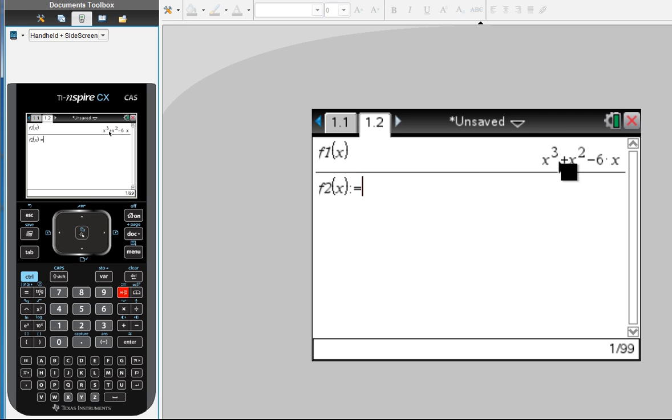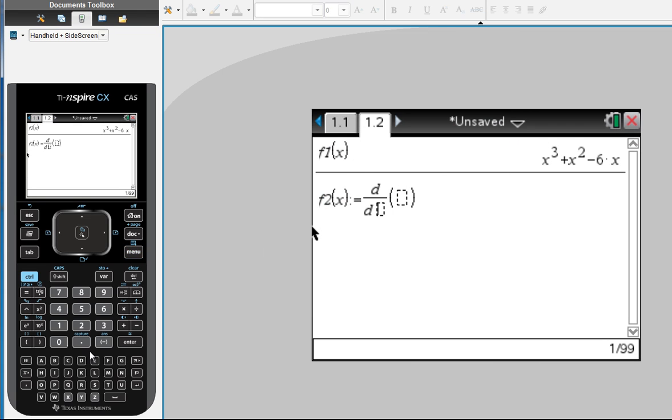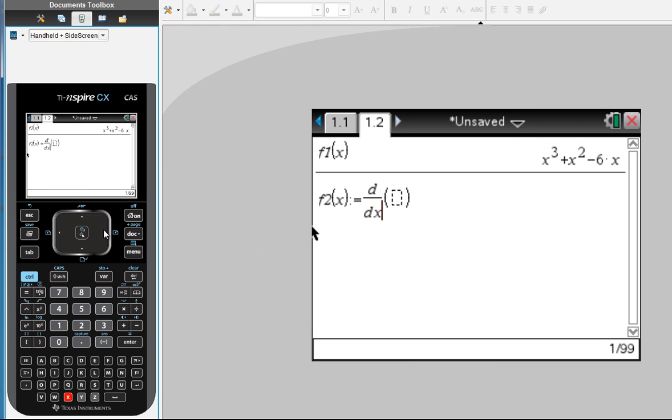And instead of figuring out the derivative manually, we can just go to menu, calculus, derivative, d dx, because x is the variable, and then we just write the function here, which is f1 of x. And then we have defined the function f2 as the derivative of f1.